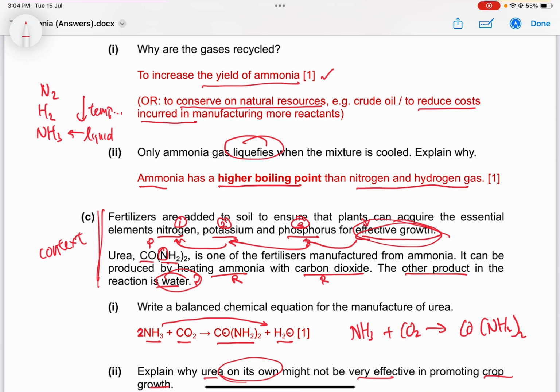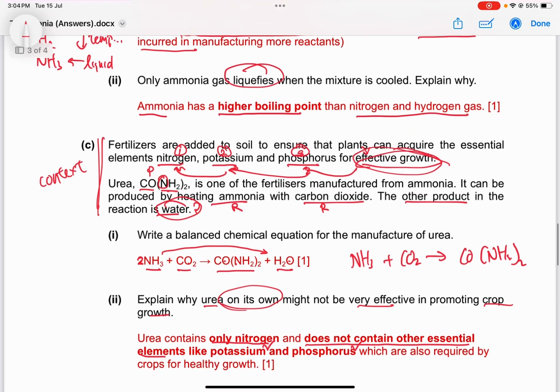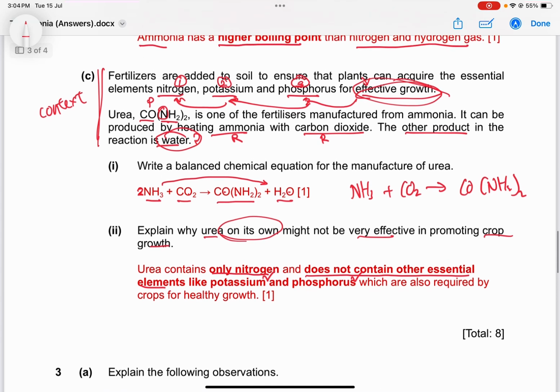So why is it not very effective? Because it only has one of the essential elements. It's still short of the other two. So therefore, urea only contains nitrogen. It does not contain other essential elements. Please quote it: potassium and phosphorus, which are important for crop growth as well. So that's for this question 2.